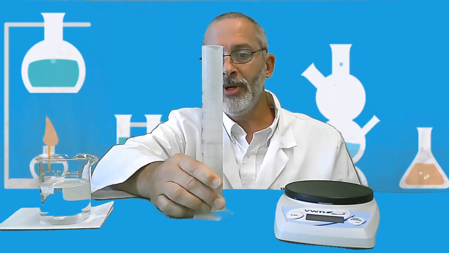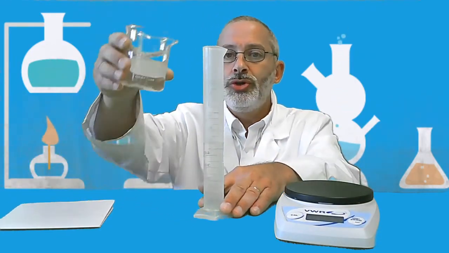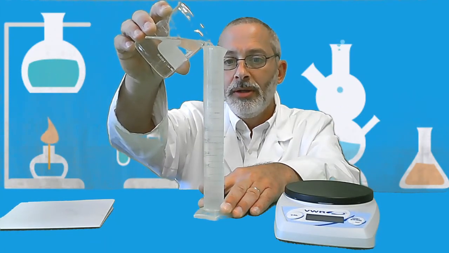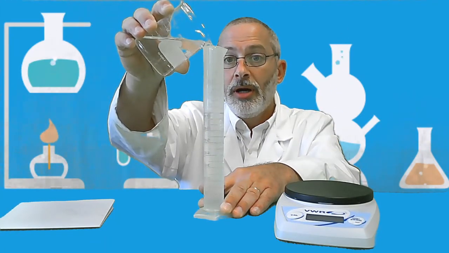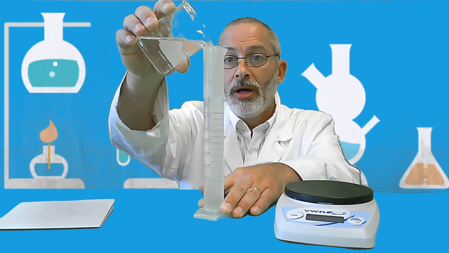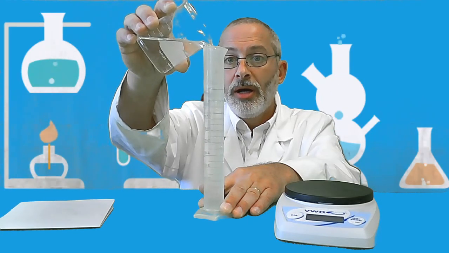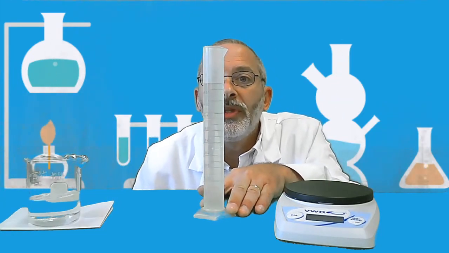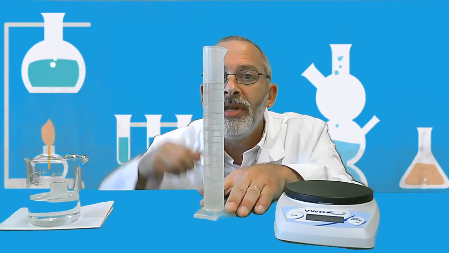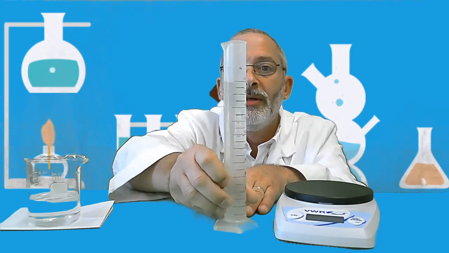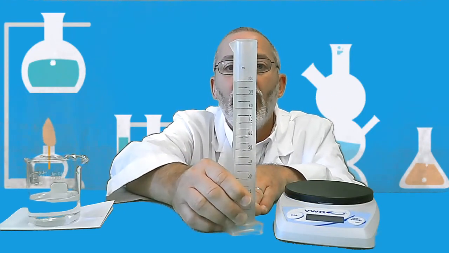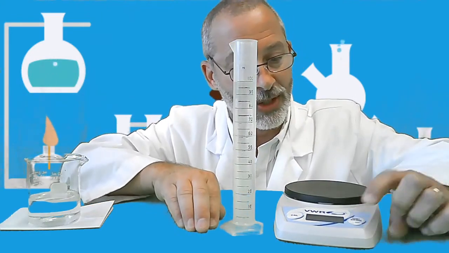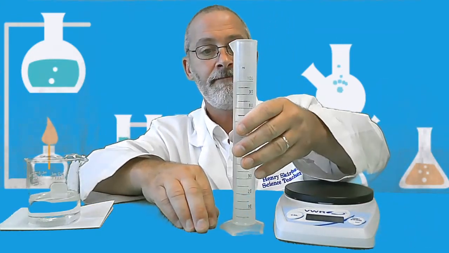This time, we're going to go all the way to 100 milliliters of water. Put your eyeball level with the liquid. Look at the bottom of the meniscus, and there we have it, 100 milliliters of water in our graduate. I'm going to zero out the balance again.